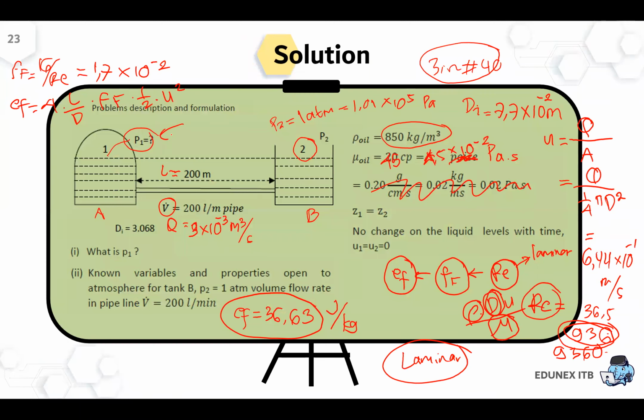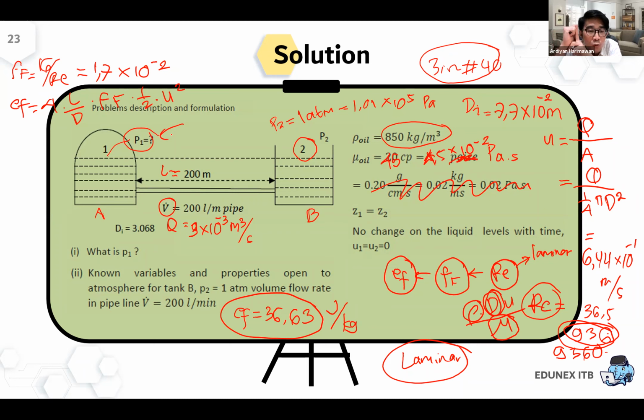Input it to the Bernoulli equation. Okay, you do the Bernoulli equation. The Bernoulli equation requires 2 points, right? So basically, you do the energy balance between 2 points. The total energy between these 2 points should be the same.